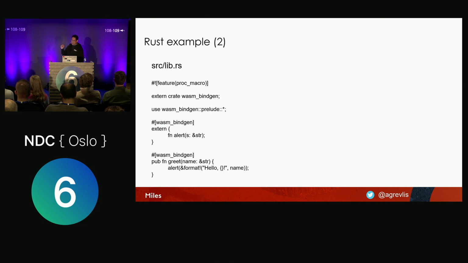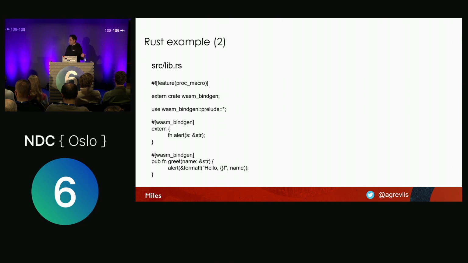We define the signature of this external function, in this case the JavaScript alert function. We only need to define the signature, and then we will be able to call that from inside our Rust file. And then we have our actual public function here, which we call greet.